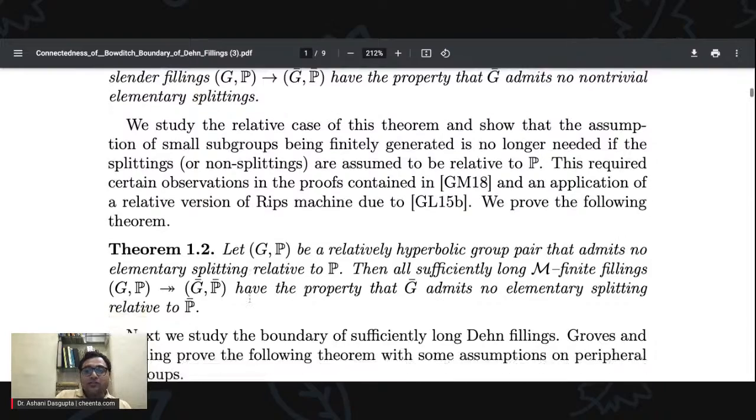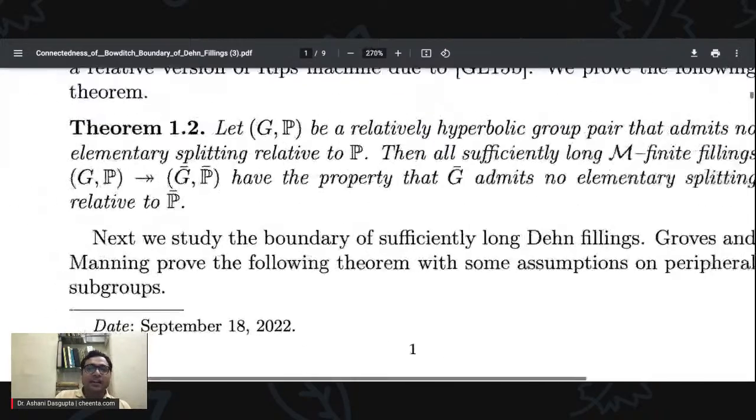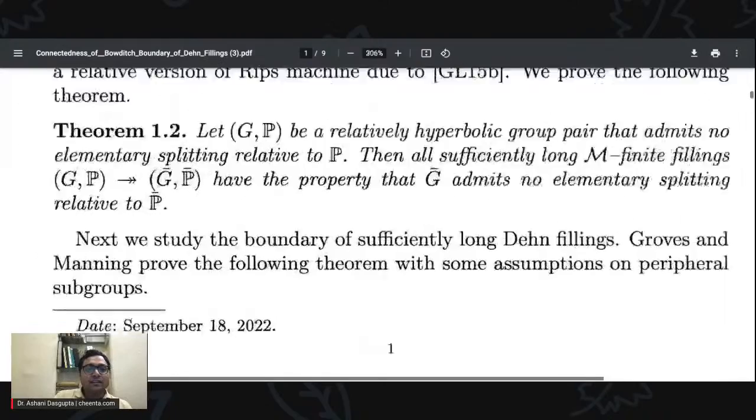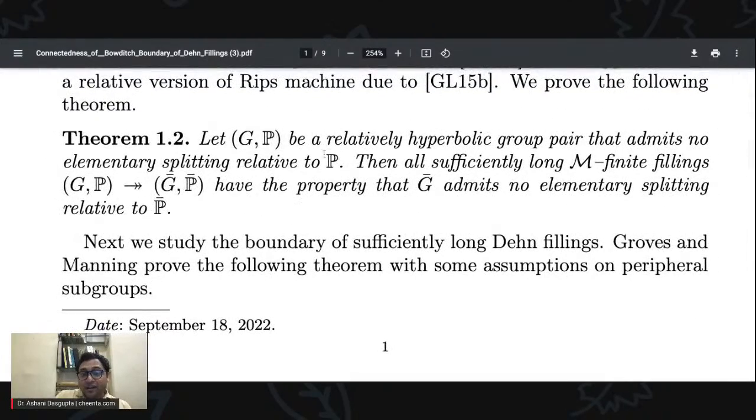We were looking into a little bit different type of splitting actually, but under certain different assumptions. If you are familiar with these kind of stuff, then of course this different assumption is that we assume that the splitting is relative to the peripherals.